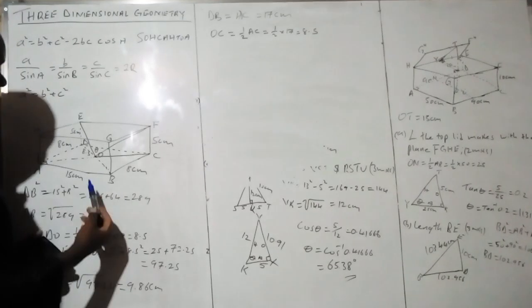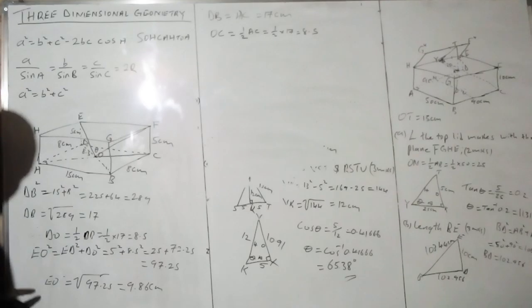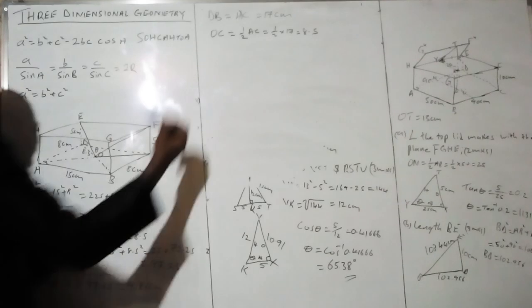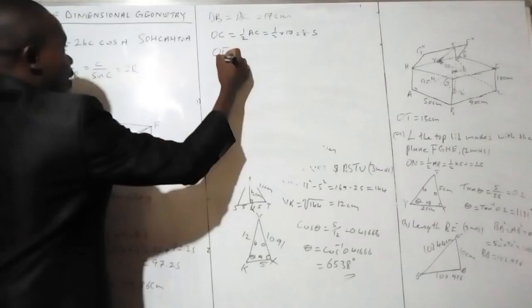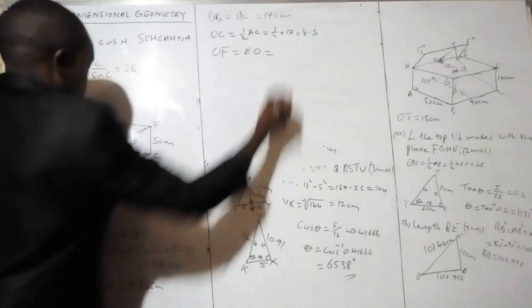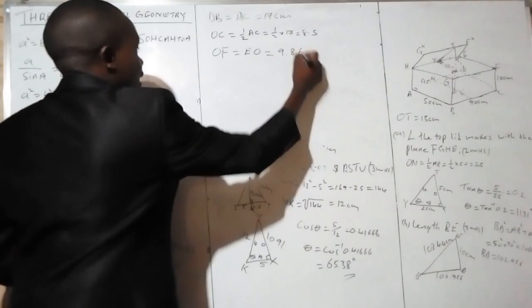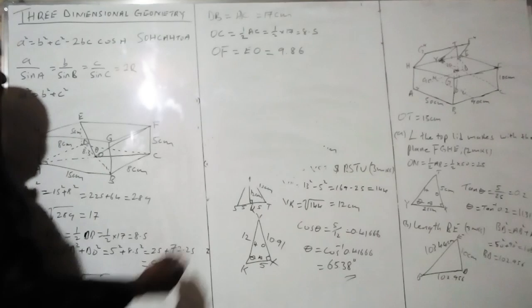It means OF will be equal to EO, and you have calculated EO as 9.86. Correct?